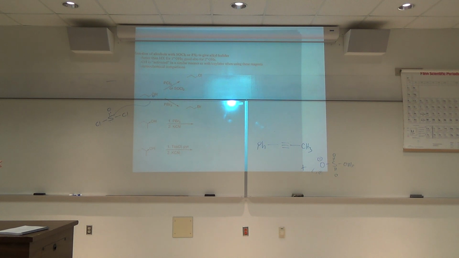Problem is sulfur uses d orbitals. If you drew it like this, which is a resonance structure, this may look more tetrahedral.